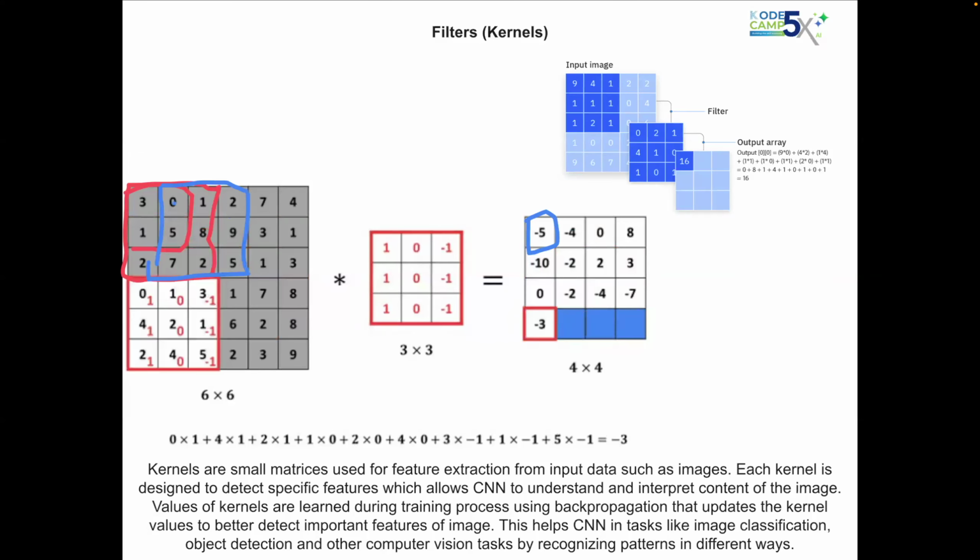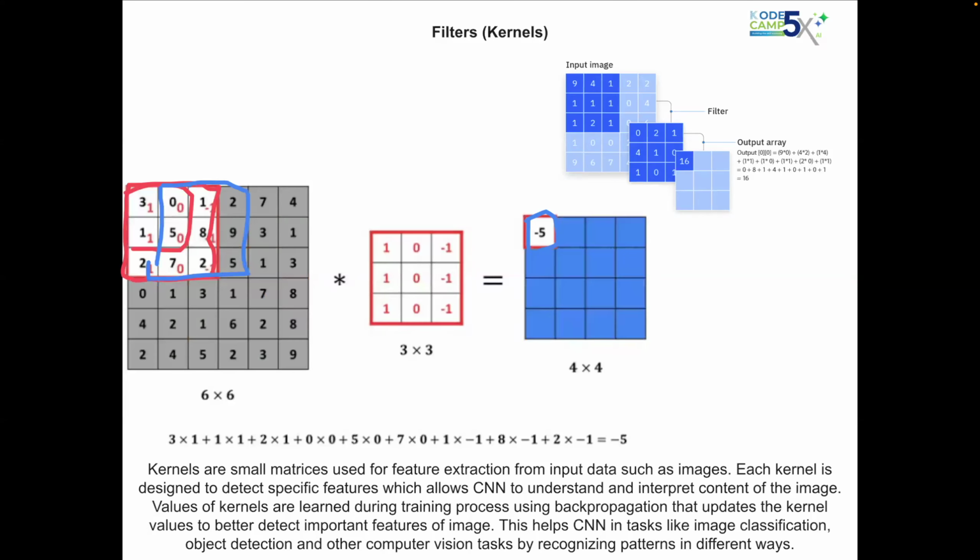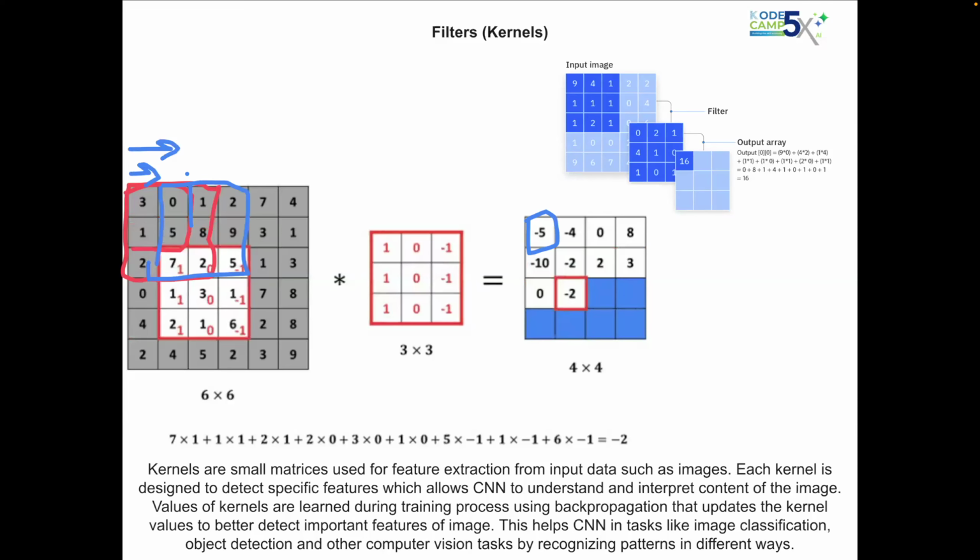If you want to perform the operation faster, you can choose to move 2 steps. So instead of moving from here to here, we can choose to move from here down to here. Now that step that we took is what we call stride.